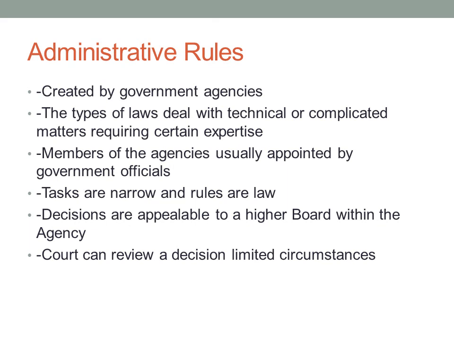Administrative rules. We'll talk about these. These are created by government agencies. Who's a government agency that we might be talking about? The U.S. Patent and Trademark Office, the Copyright Office. There's an actual office for the copyright, and they govern types of technical and complicated matters that might come before them relative to filings.